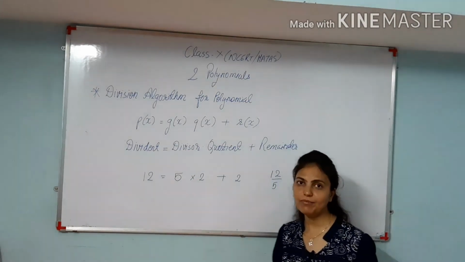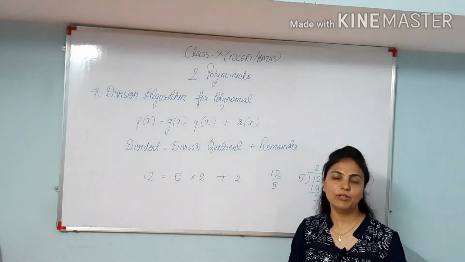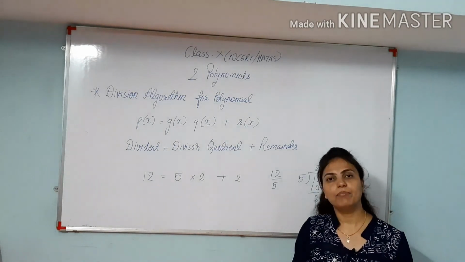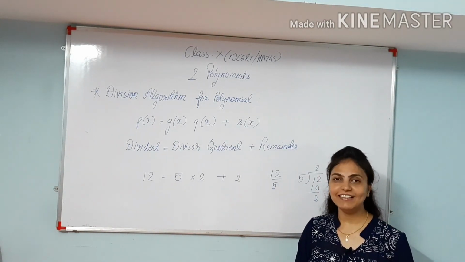So it's very easy to remember. Dividend is equal to divisor multiplied by quotient plus remainder. Is it easy? Isn't it?